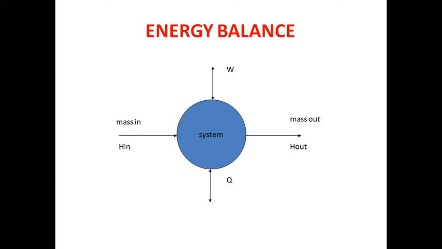So energy balance is nothing but energy in is equal to energy out plus the change in storage of energies within the system. Here, as per the diagram, the energy change is equal to Q plus W. That energy is the internal energy. From the first law of thermodynamics, internal energy change is equal to heat plus work. Are you clear? Okay.